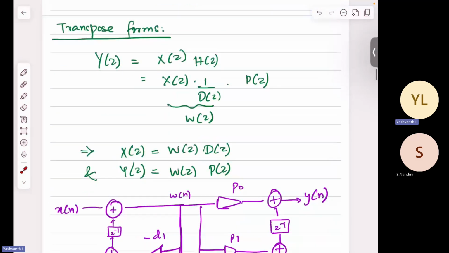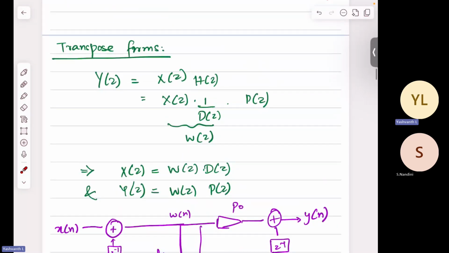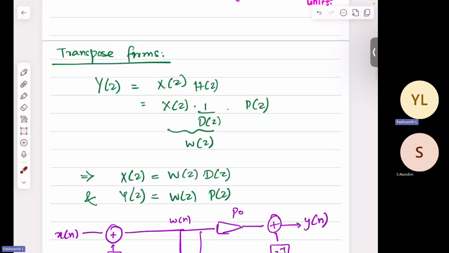The next is what is called the transpose form. Not much different again. Basically, it's just the way you view your signal. You can write y of z is x of z into h of z. But h of z is nothing but 1 by d of z into p of z. That's what we saw before. Now, I'll call x of z into 1 by d of z as w of z.